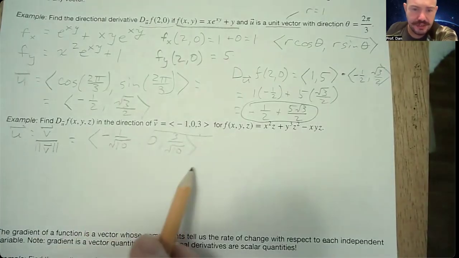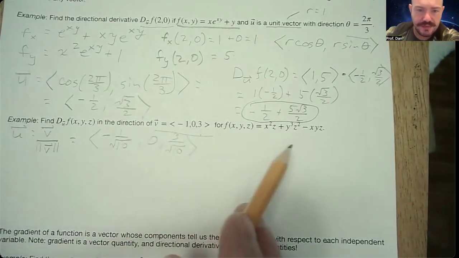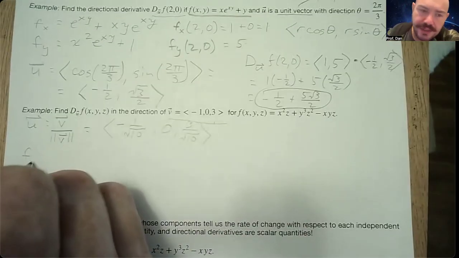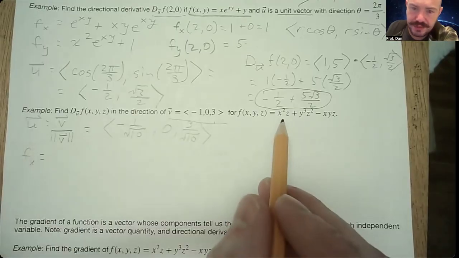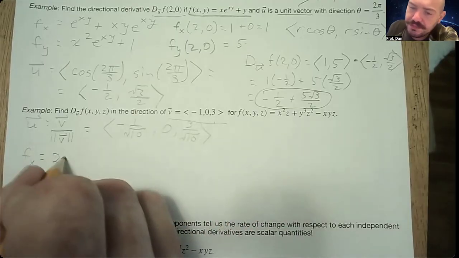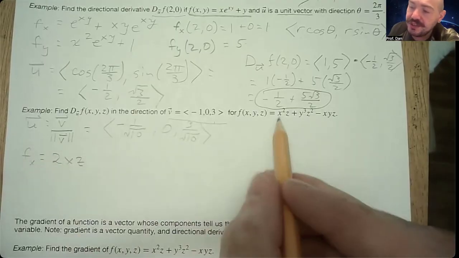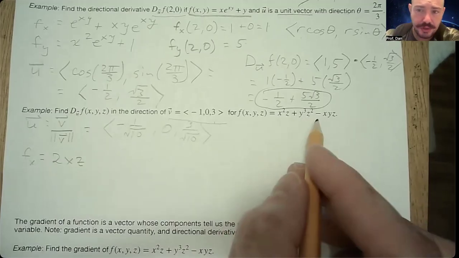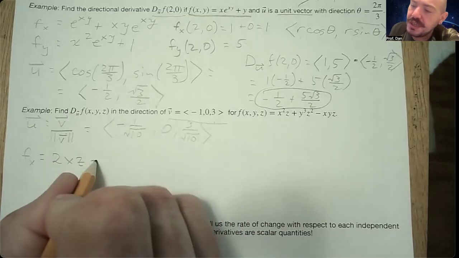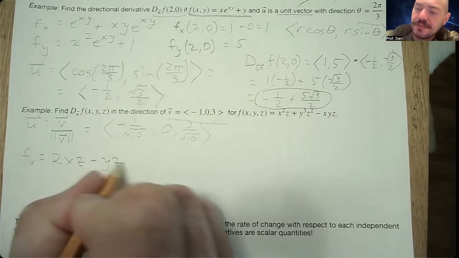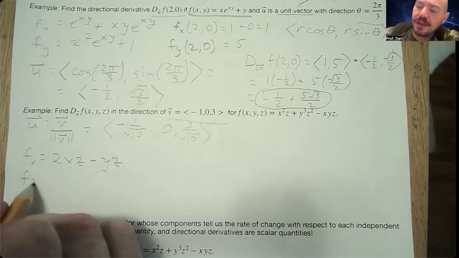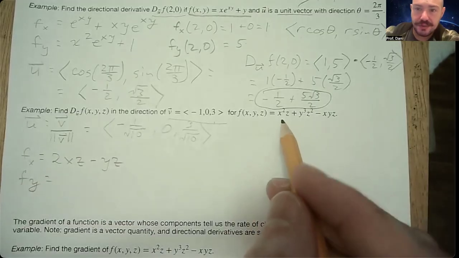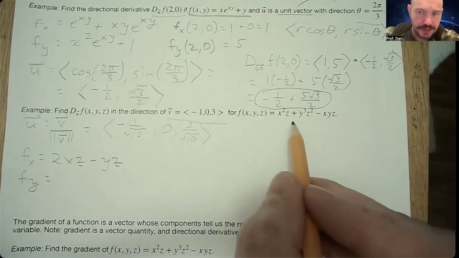Now that we have our unit vector, we can go back and figure out our partial derivatives. So fx will have 2xz for the first term. Remember, anything that's not an x is a constant, so the second term would have a derivative of 0. And the third term would be minus yz. For fy, remember now, anything that's not y is a constant. So the first term would be 0.